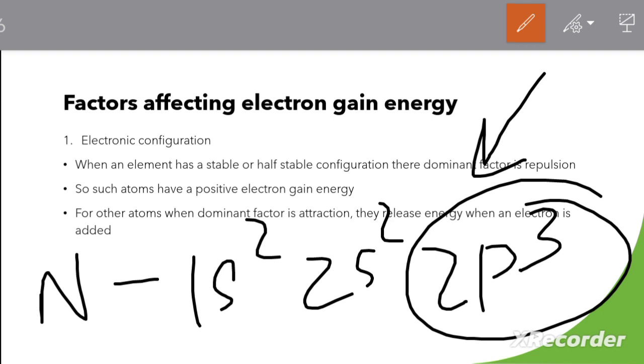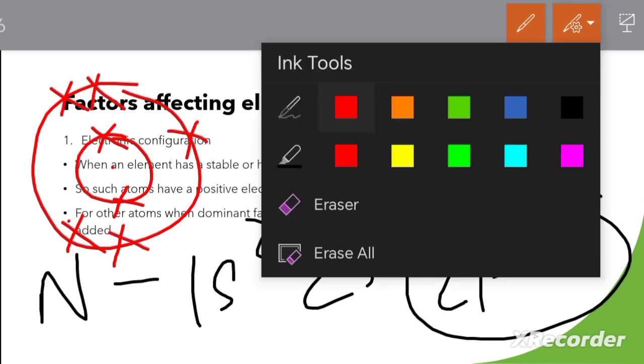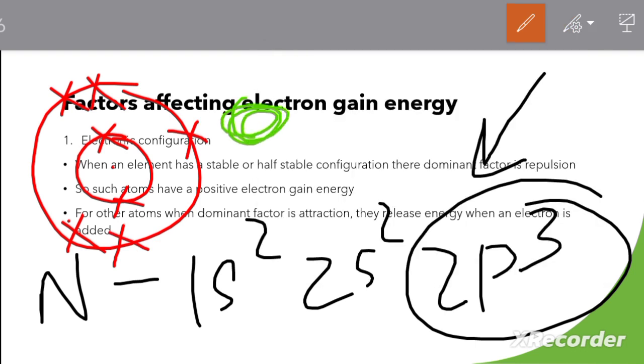In such situations, repulsions become prominent. I will explain what repulsions and attractions are. A nitrogen atom is there. Here is the nucleus, 2 electrons and 5 electrons. This is the incoming electron.